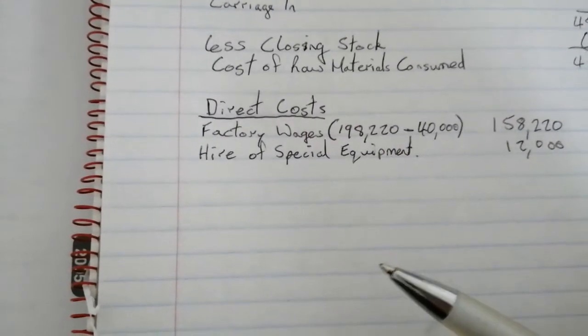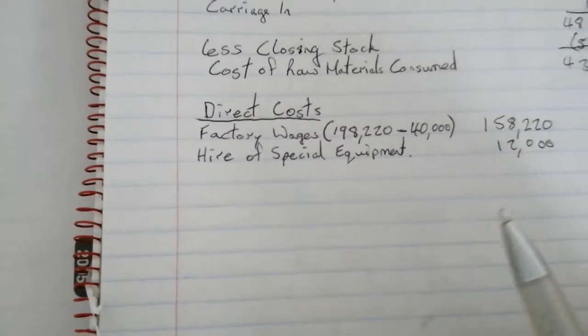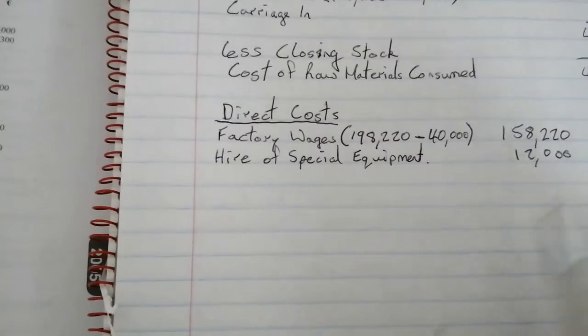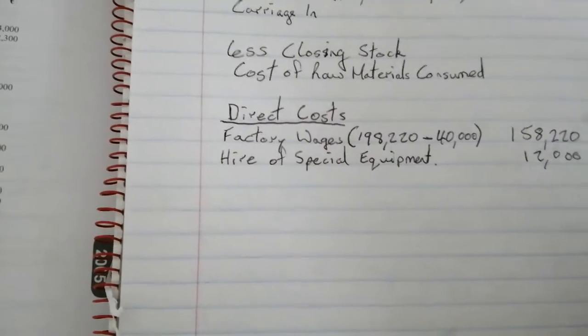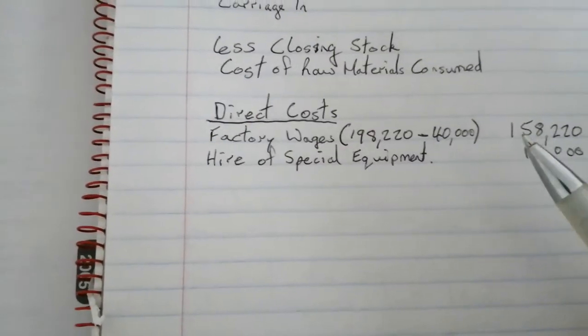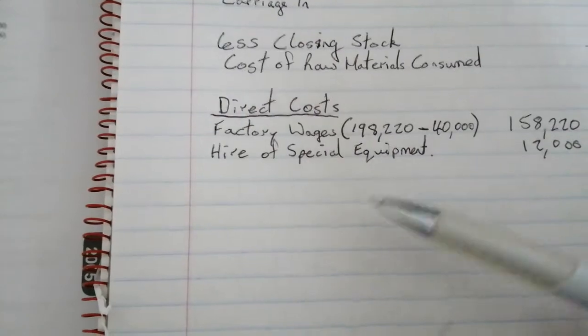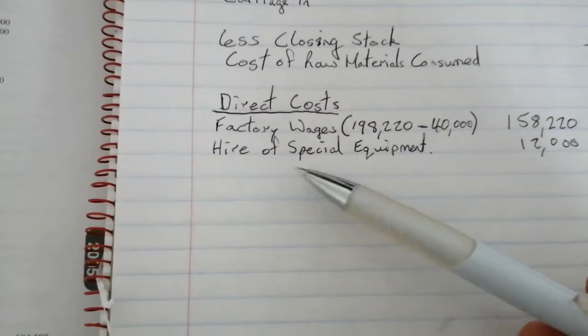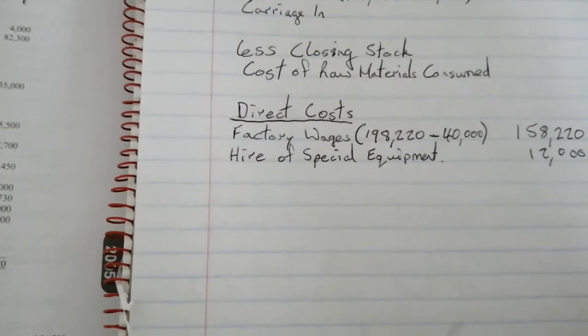And normally you don't just pay a lump sum and then you can use it as much as you want. You get charged based on how many products you make using their manufacturing process or using their idea. So it's a completely variable cost, or a completely direct cost. So that royalty payment normally would go in here as well, if there were such a thing. But in this question, there's no royalty payment.